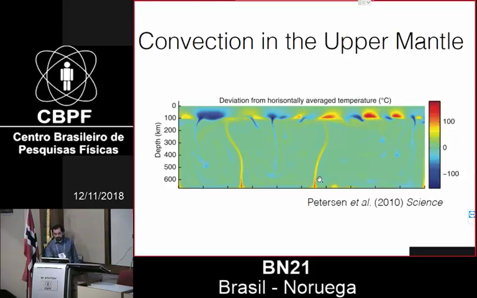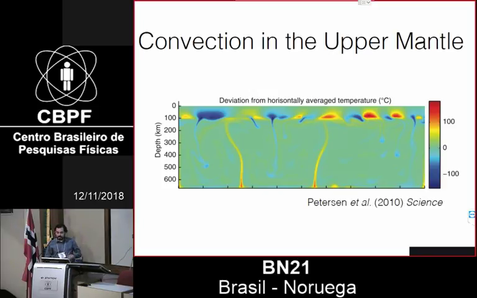But when we calculate the deviation from the horizontally averaged temperature, we can see that the convection in the asthenosphere is mainly guided by subtle changes in temperature. Nearly 100 degrees Celsius is enough to maintain the convection in the asthenosphere.